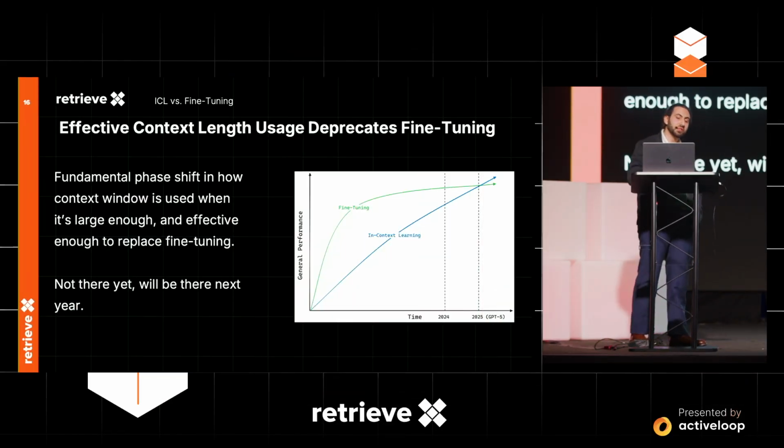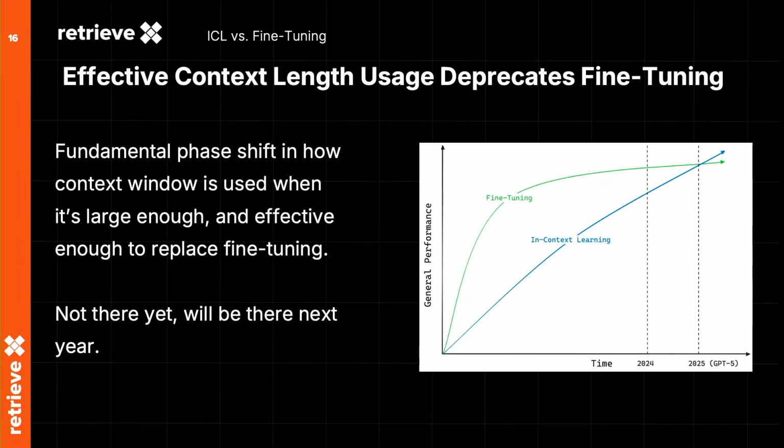And so very interesting things start to happen if you can very effectively use your context length. The one that I will talk about, and this is a personal hypothesis that we will actually get here with GPT-5, is that if you have very effective context length, you can essentially completely deprecate fine-tuning.